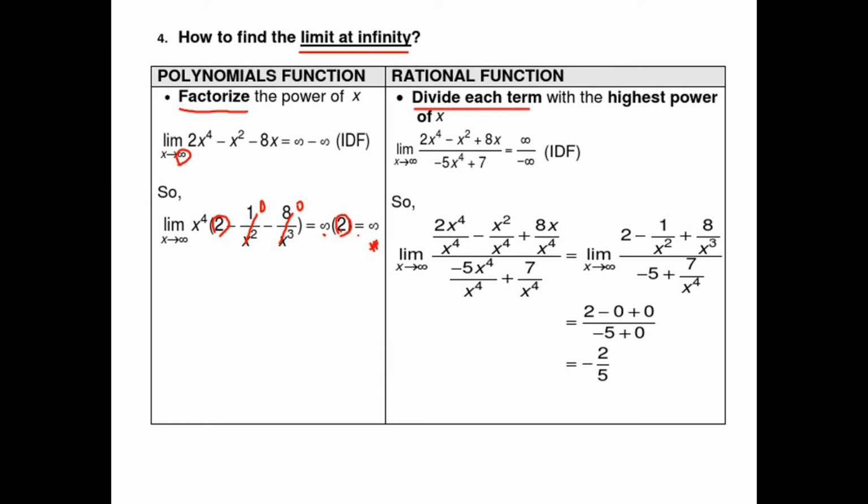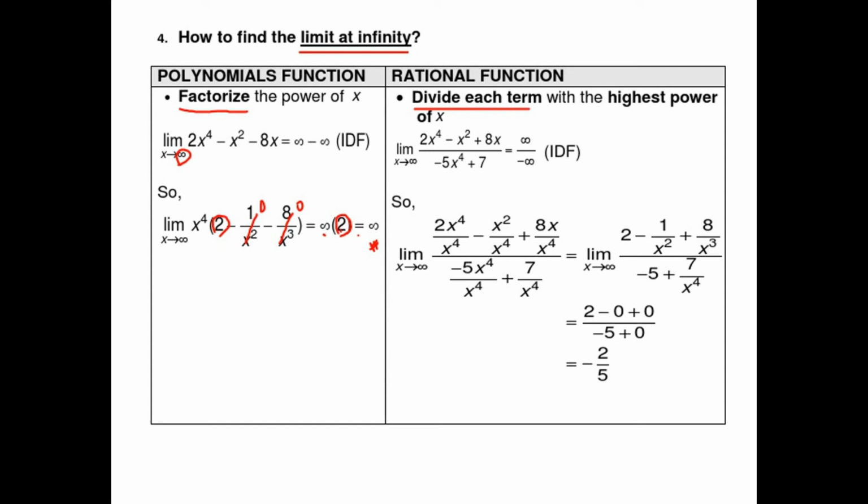For example, the limit as x approaches infinity of the function 2x to the power of 4 minus x squared plus 8x over negative 5x to the power of 4 plus 7.